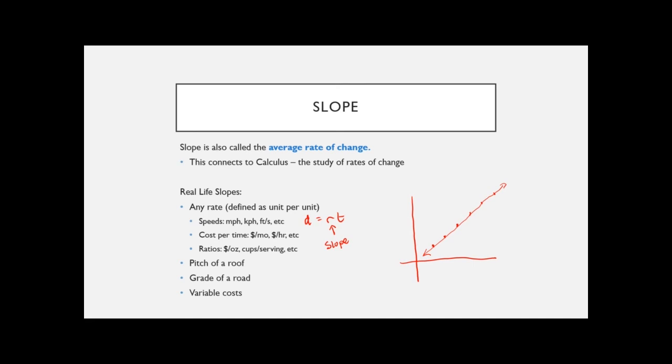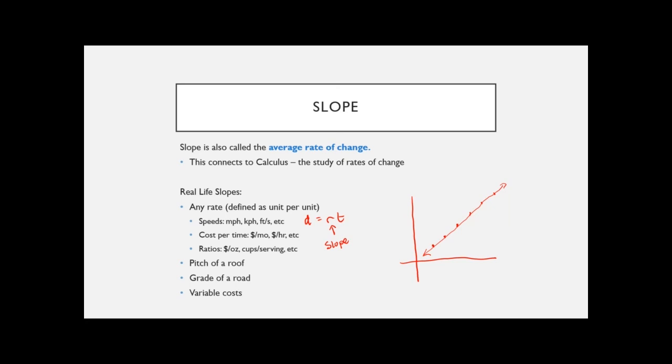And so that slope is how much it's changing over time. So anything with a unit where you're dividing like that usually is written as a slope in a linear equation. Ratios, because you've got dividing, if you're comparing two things, you've got dollars per ounce. That's considered a slope because it's a rate of change. Cups per serving, anything like that.